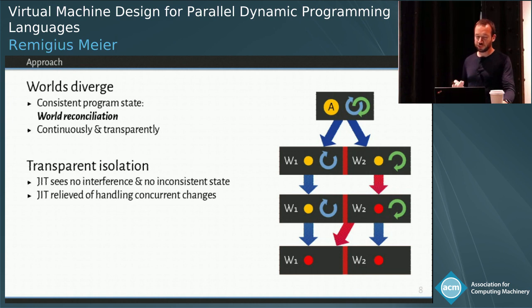So with that, we reach transparent isolation, meaning that the JIT does not see any interference from other concurrent computations, from other threads, and there is also never inconsistent state. So we don't have out of thin air values or anything like that. That's what world reconciliation is doing. So with that, basically, the JIT is completely relieved of any handling of concurrent changes.